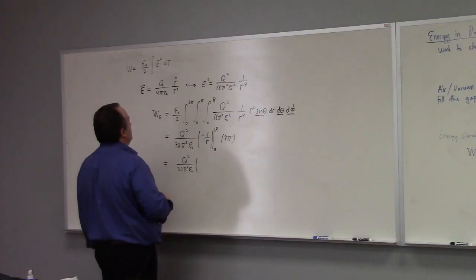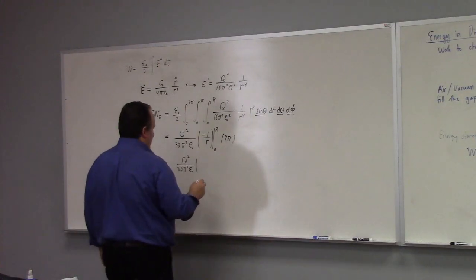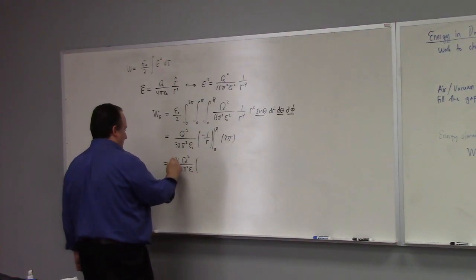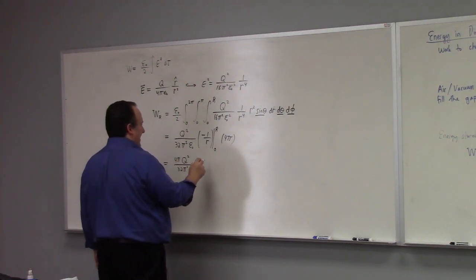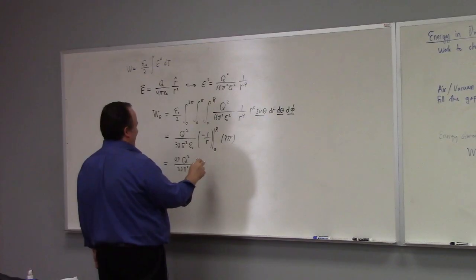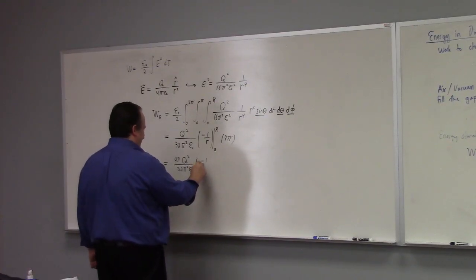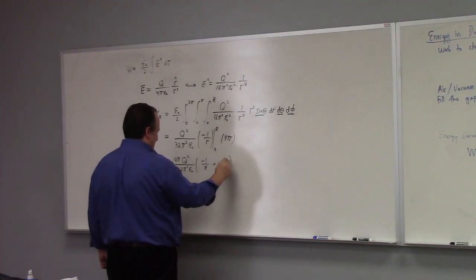Thinking of a line charge? Well, I don't know. But there's a 4 pi here, right? And, oh, oopsie.